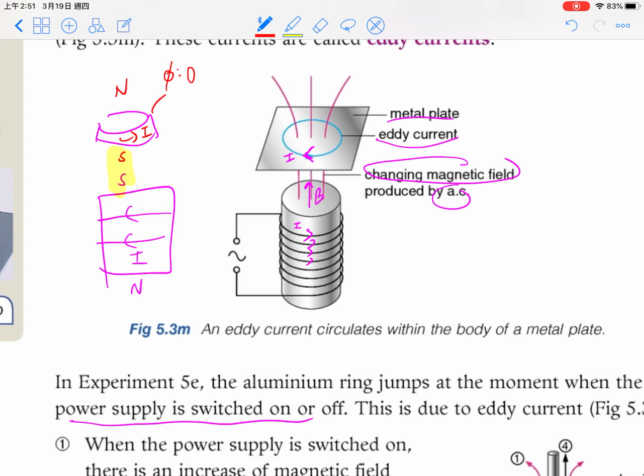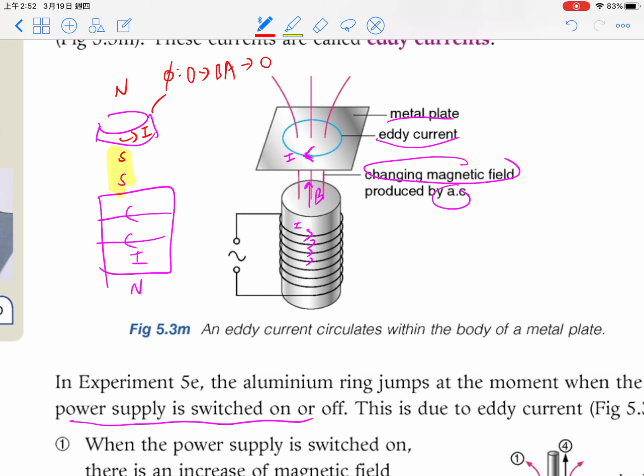After we turn the power supply on, the magnetic field will pass through the ring, so it becomes BA. If there is a magnetic flux change, we have induced current, and we have one opposing force. There will be no further change in magnetic flux, so we only have one opposing force, one time.